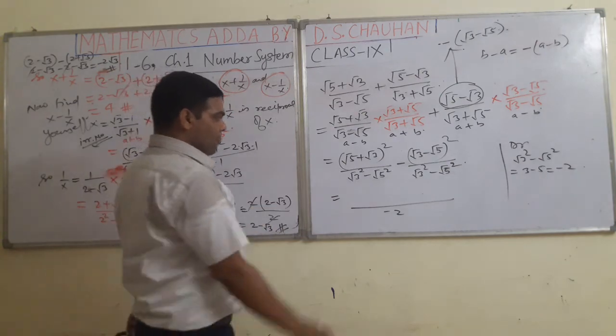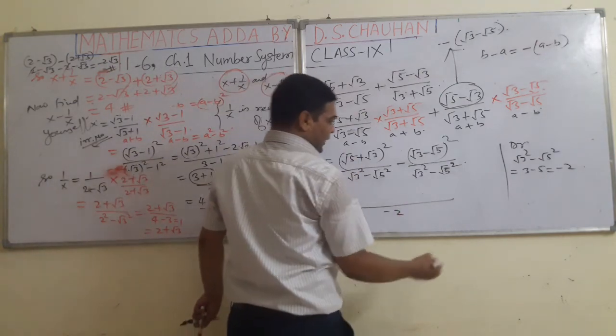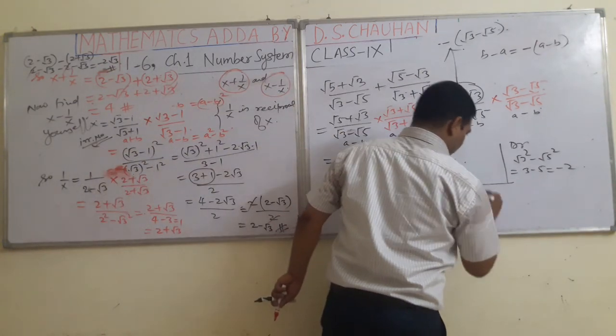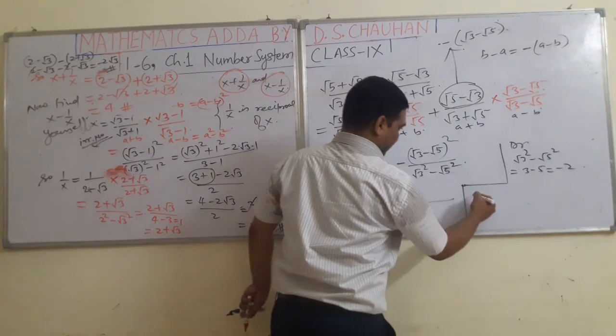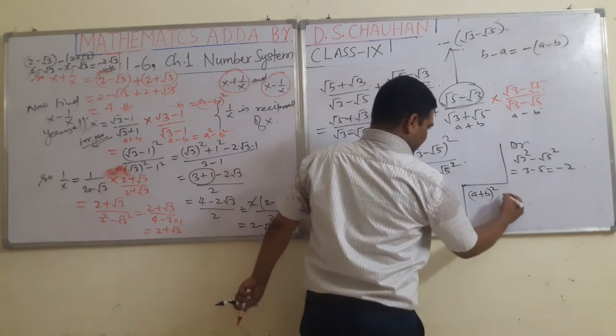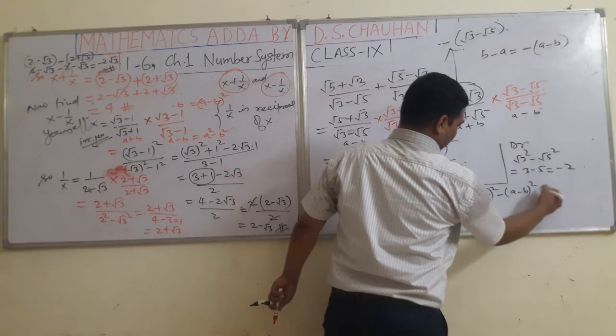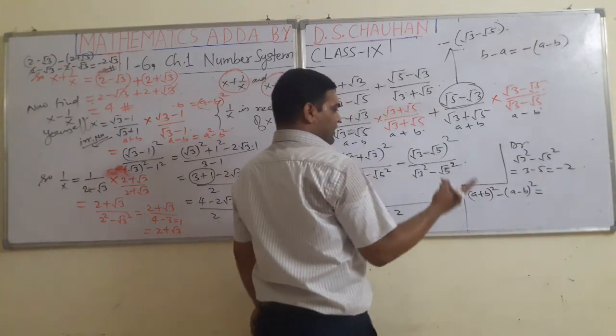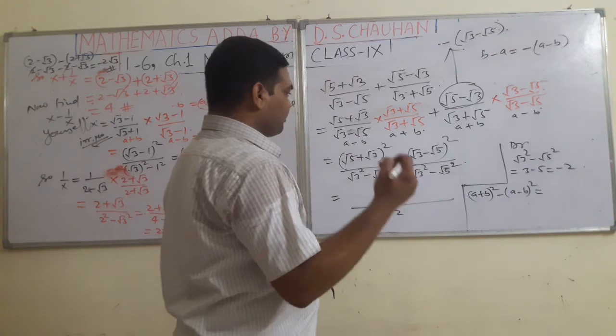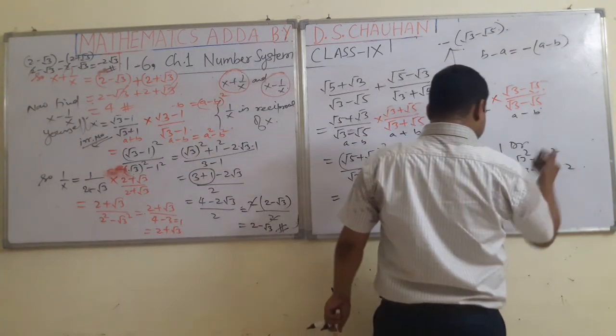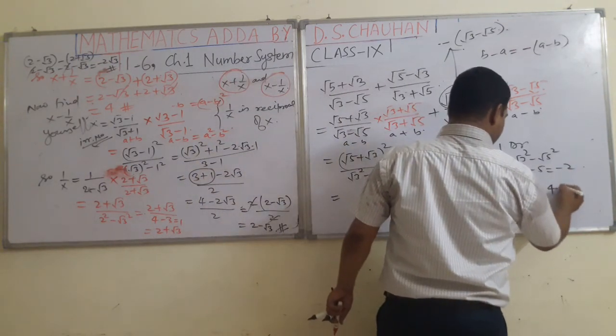I am telling you here, remember one thing students, if really you are a student of mathematics, remember one thing: (a plus b) to the whole square minus (a minus b) to the whole square, it is always what? Here it is 4ab.